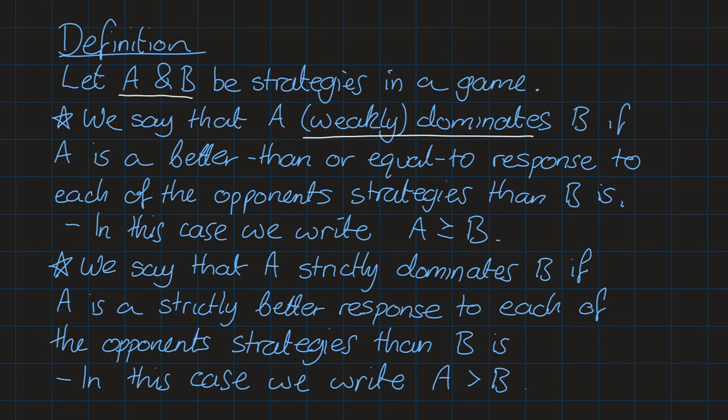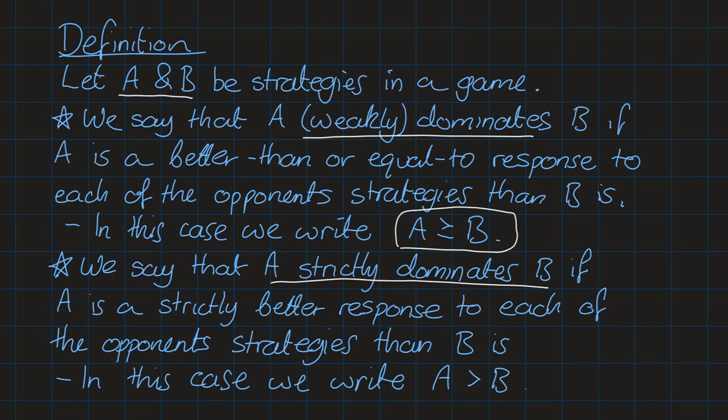And in this case, where A weakly dominates B, we use the greater than or equal to notation. The second part of the definition says A strictly dominates B if A is always a strictly better response to each of your opponent's strategies than B is.